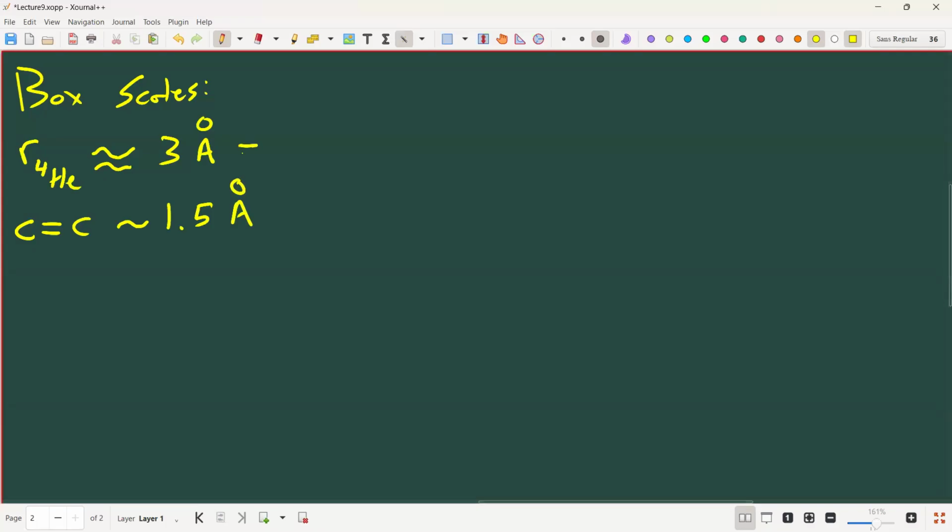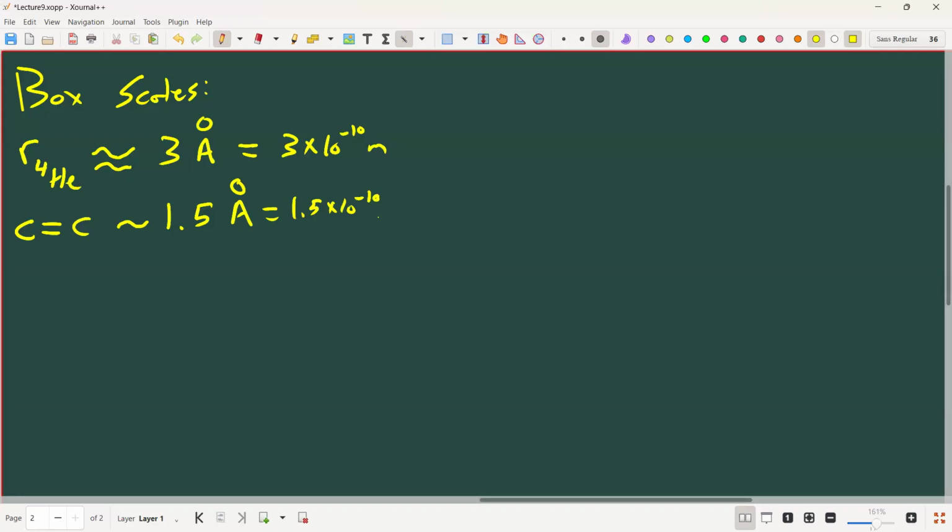Remember that an angstrom is 10 to the minus 10 meters. Most of our chemical boxes are on the order of about an angstrom or a nanometer, which is 10 angstroms.